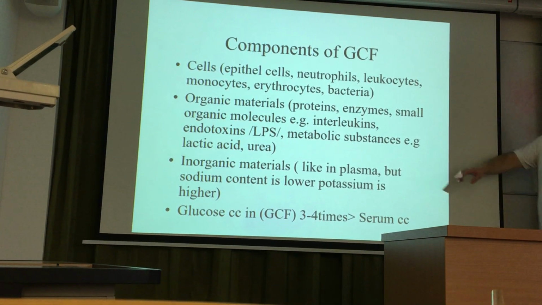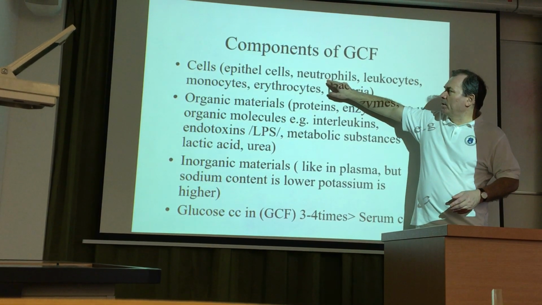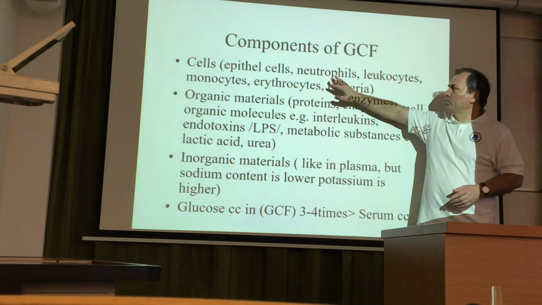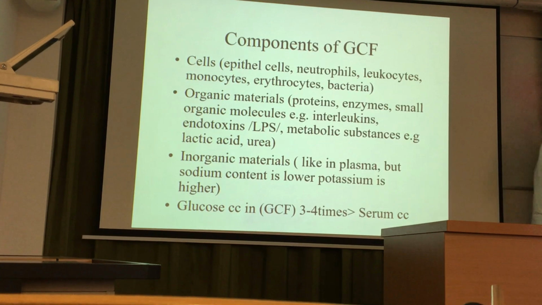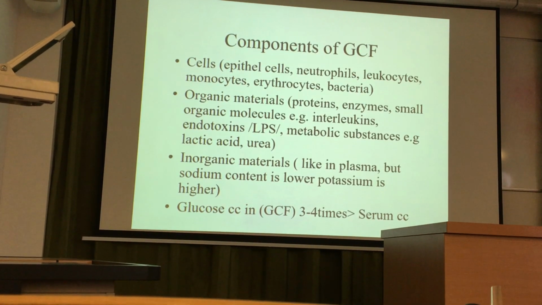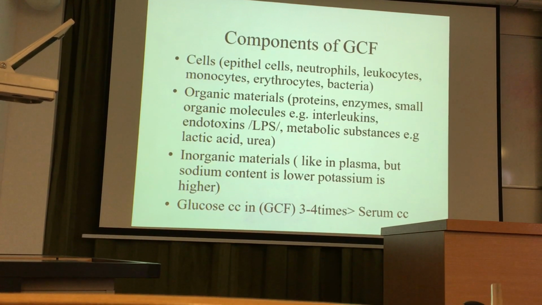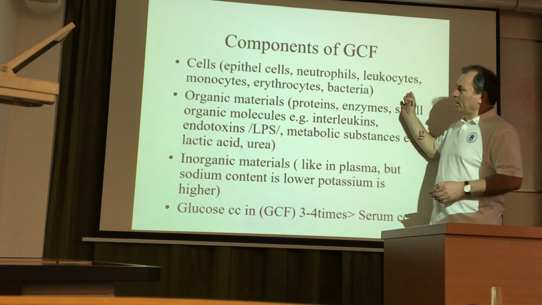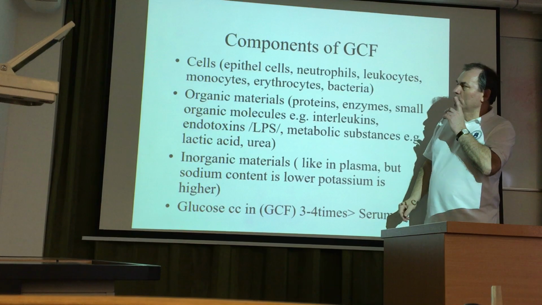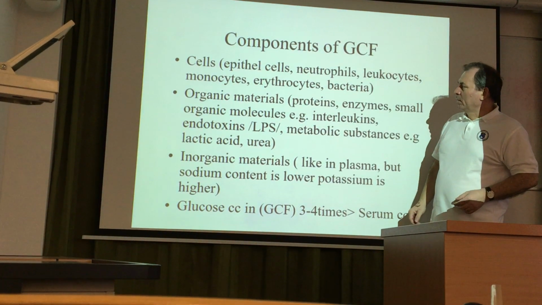This is the most important. PMN leukocytes are the most important component. Nearly 90% of the cells inside are neutrophils. And then we have lymphocytes and other mononuclear cells inside.